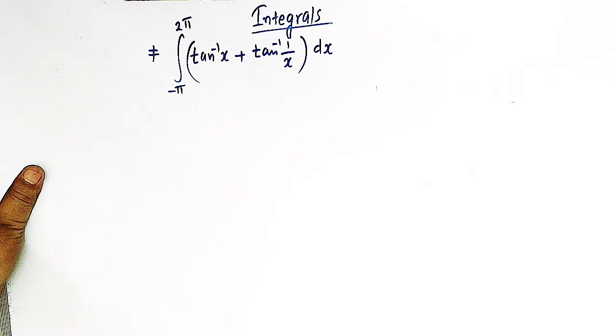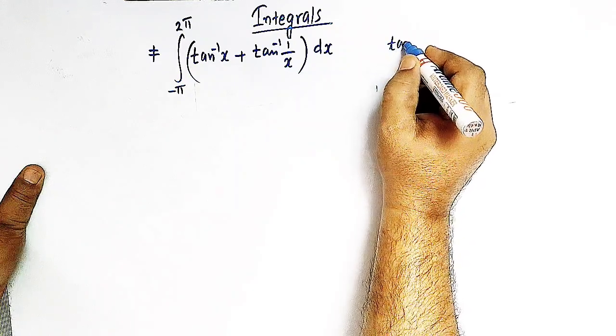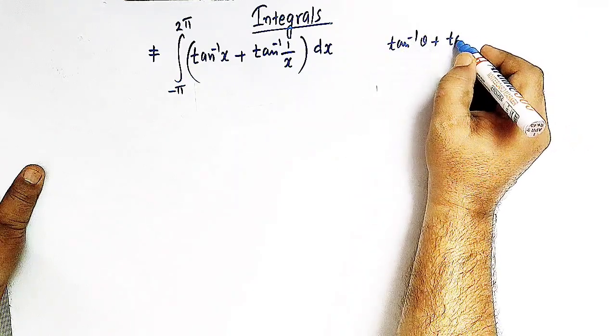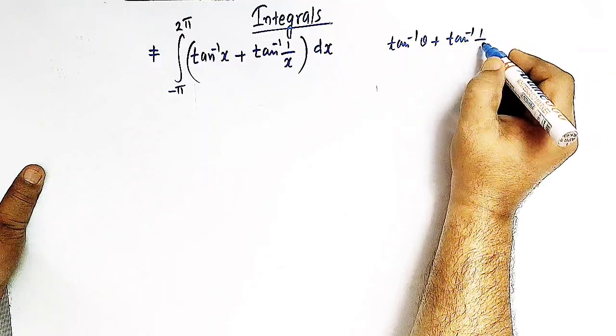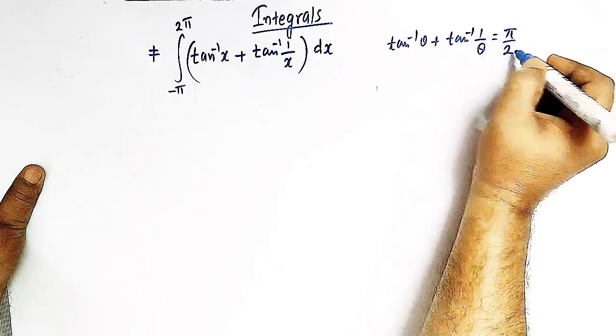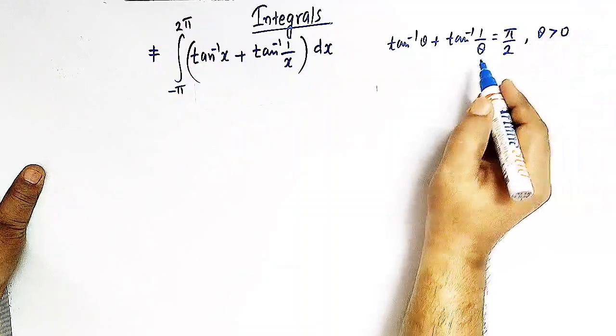So let us first see the property of inverse trigonometric functions. We know that the value of tan inverse theta plus tan inverse 1 over theta is equal to pi over 2 when theta is greater than 0, right?